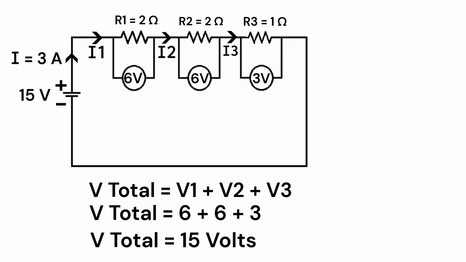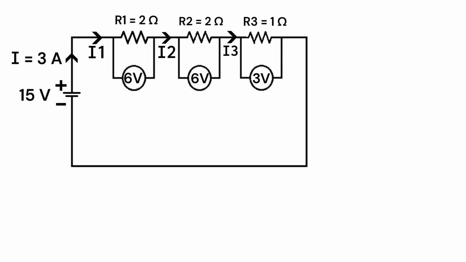Realize that we calculated the voltages at individual resistances using individual currents and resistance values, and summed up all the individual voltages to get the total voltage. But now let's calculate the overall voltage with the values of overall current and overall resistance.